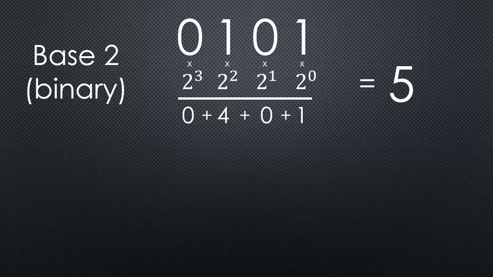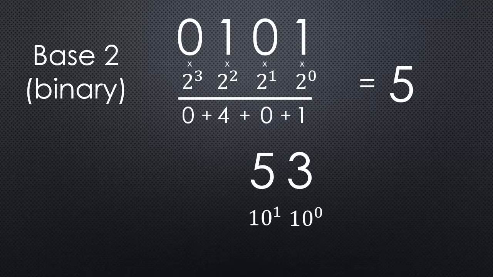It actually works the same when you're dealing with numbers that we're used to, like 53. Well, how do we know this is 53? Well, there's a 3 and there's a 5. And going right to left, 10 to the 0 power is 1, and 10 to the first power is 10. So we multiply, and then add the result. So it's 50 and 3.